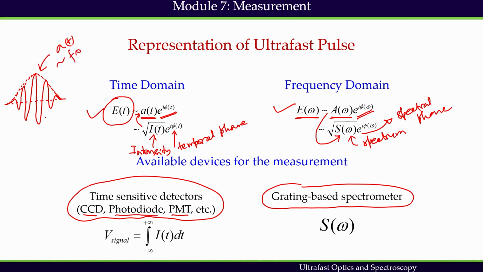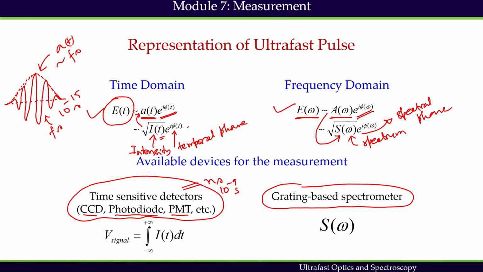And also, if we look at the carrier wave, the characteristic time of the carrier wave is also femtosecond. This we have already seen. But all the time sensitive detectors have response time of the order of nanosecond, 10 to the power minus 9 second, and this one is 10 to the power minus 15 second. So, clearly they are too slow to measure either the intensity profile directly or the temporal phase in the time domain.